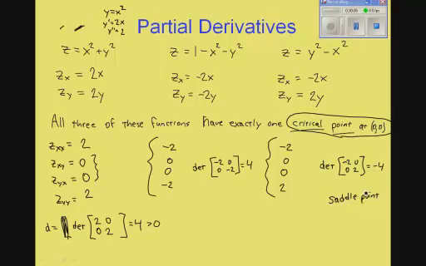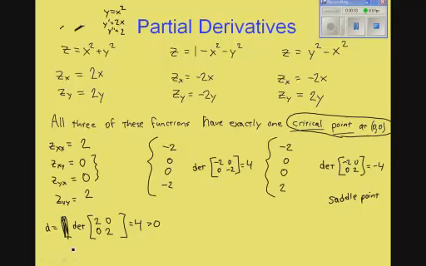So I guess the question that remains is, how do you figure out if you have a max or a min? Well, here's the thing. When I say that D is 4, it's kind of like I'm either concave up everywhere or concave down everywhere in every direction. And so what I do then is I look at one of the partial derivatives.